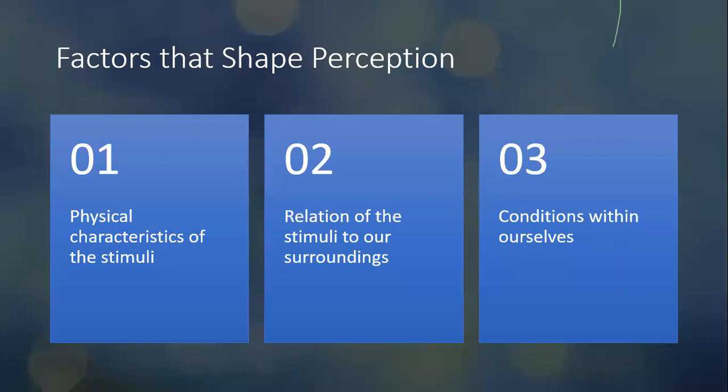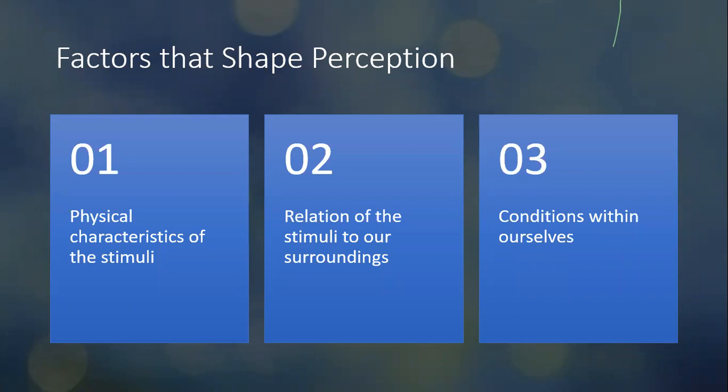Does it blend in, or is there a sharp contrast? Those are the different things that would help to shape your perception. Is it loud? Is it quiet? Things like that. Of course, it's unlimited. There are so many of them.